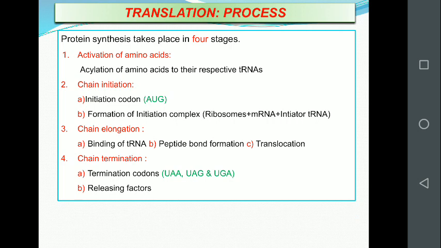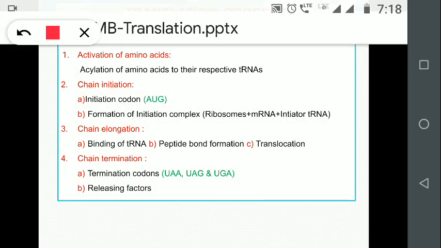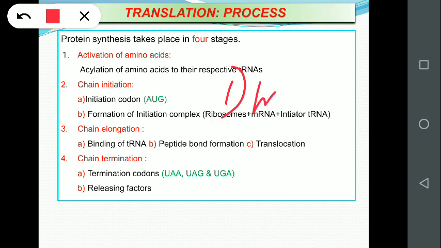For that we require some basic components during the translation process. The first one is mRNA, the messenger RNA, which carries the information for the synthesis of a polypeptide chain.